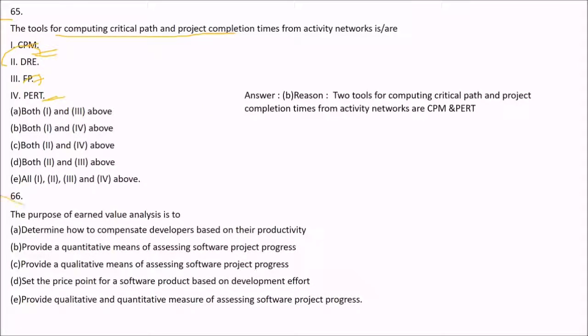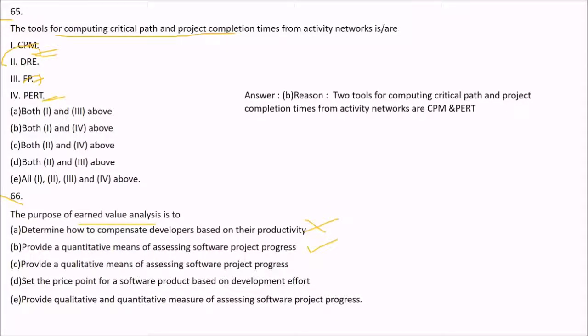66. The purpose of earned value analysis, or EV analysis, is to determine how to compensate developers based on their productivity. No. Provide a quantitative means of assessing software project progress. Yes, this is somewhat correct. I think this is the only correct one, but we'll see the others also.